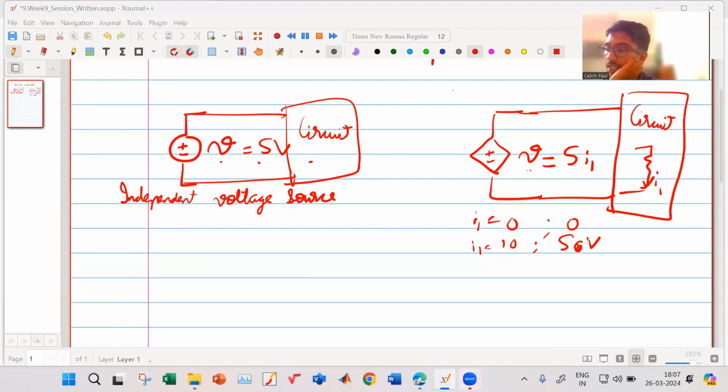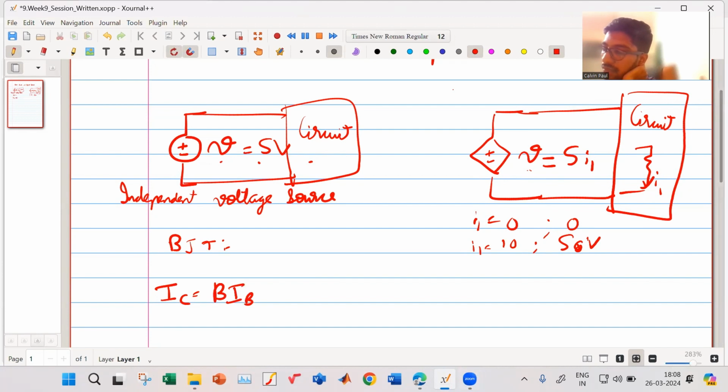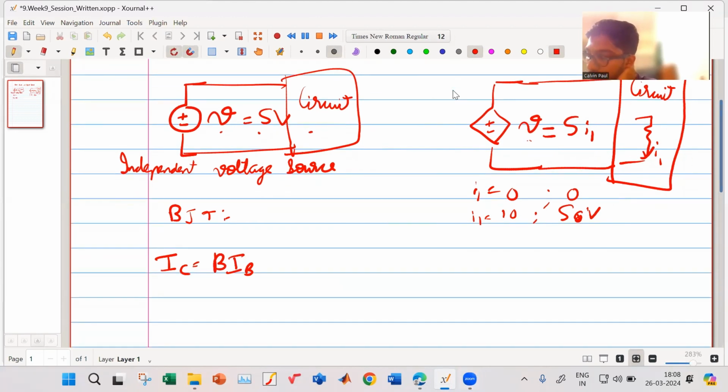Transistor collector current equals alpha times base current. Okay, so in a BJT, bipolar junction transistor, your current IC is beta times IB. So for a transistor, this happens.